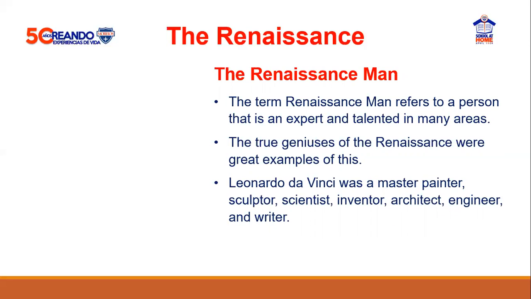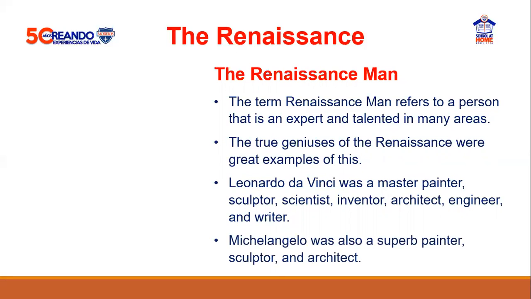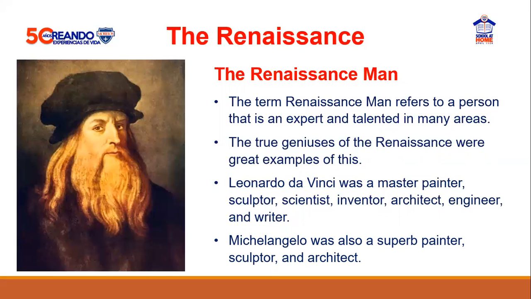So I was talking about Leonardo da Vinci as a master painter, sculptor, scientist, inventor, architect, engineer, and also writer, right? He is the classic example, but he is not the only one. We also have Michelangelo, who was a superb painter, sculptor, and architect, and many others that we are going to mention today.